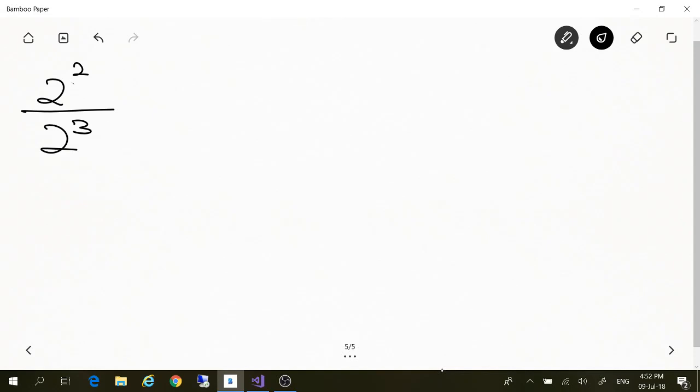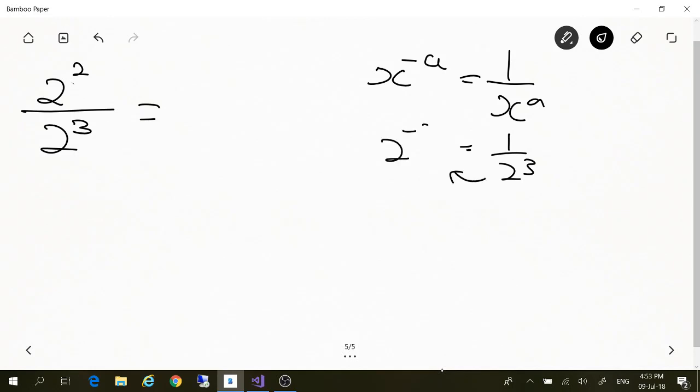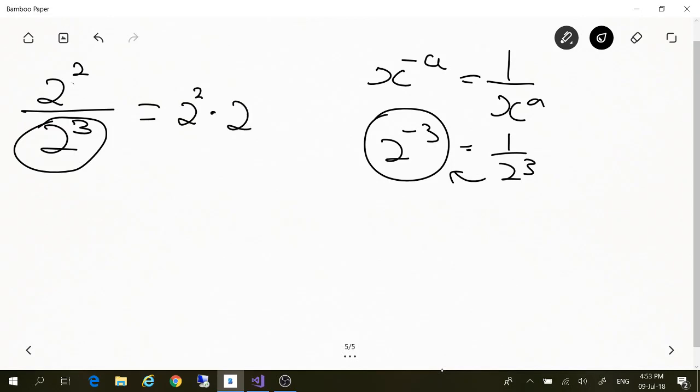Now, we can rewrite this because under our second rule, x to the power of minus a is equal to 1 over x to the power a. So in this case, we have 1 over 2 to the power 3, which is equivalent to 2 to the power minus 3. Let's replace this with 2 to the power minus 3. So it will be 2 to the power 2 times 2 to the power minus 3.